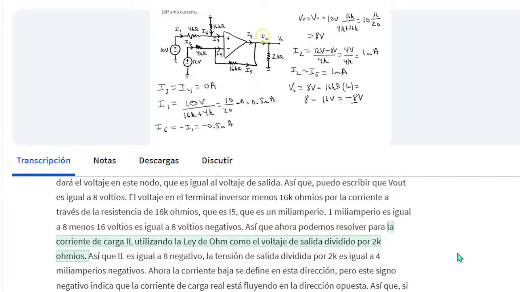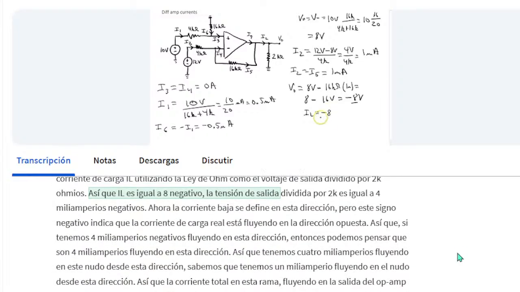So we can now solve for the load current IL using Ohm's law as the output voltage divided by 2 k ohms. So IL is equal to negative 8, the output voltage, divided by 2k is equal to negative 4 milliamps. Now the load current is defined in this direction, but this negative sign indicates that the actual load current is flowing in the opposite direction.